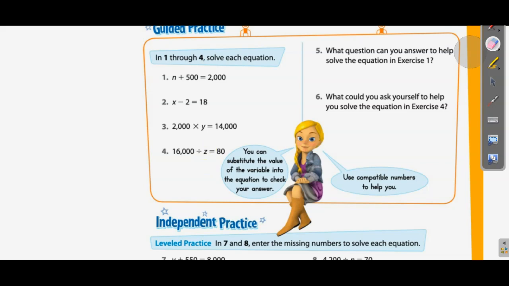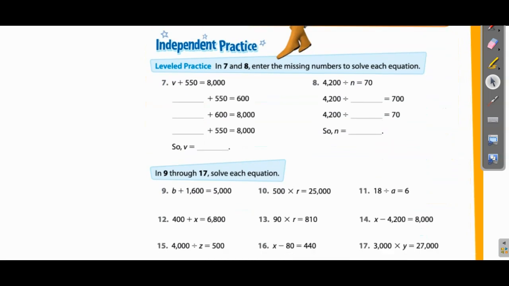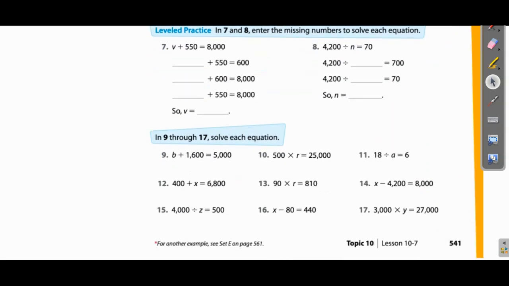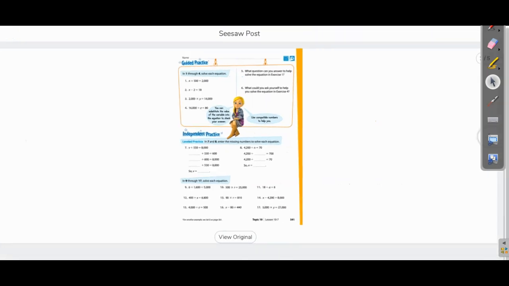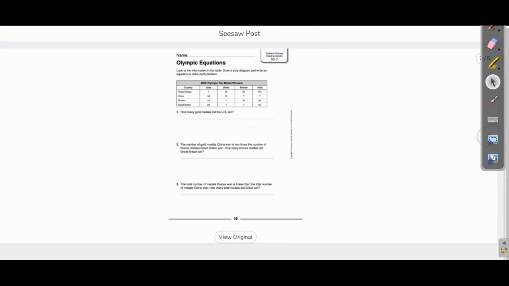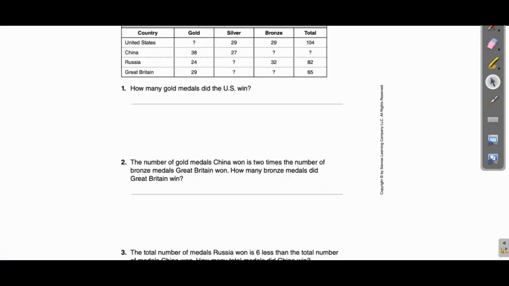After you're done watching the 2 videos, you're going to work on questions on the first page, 7 through 17, and then on your second page, you're going to work on questions 1 through 3.